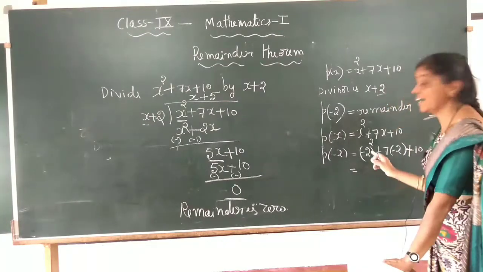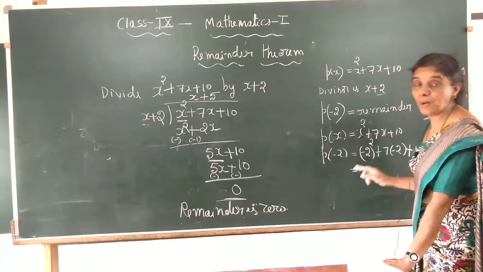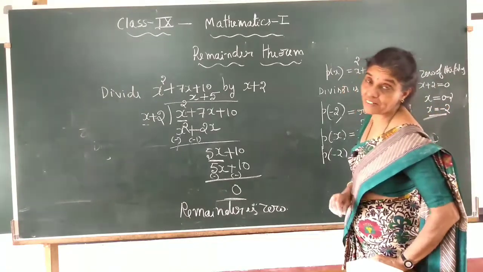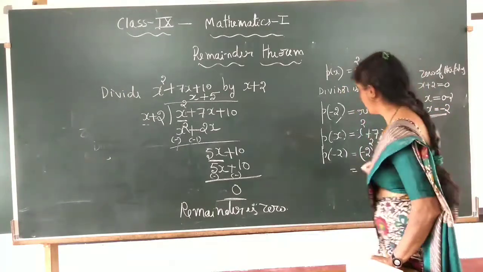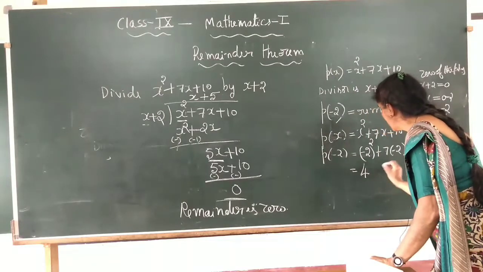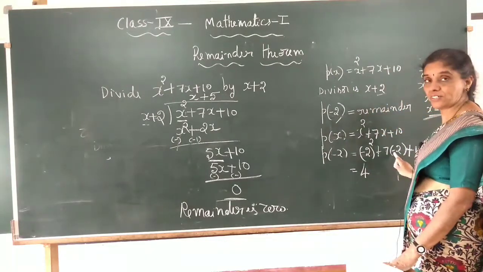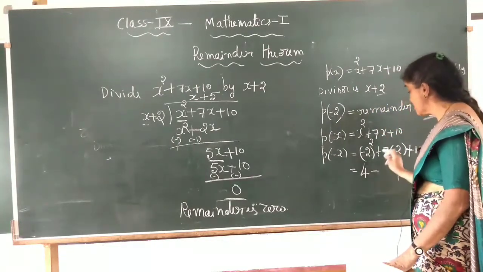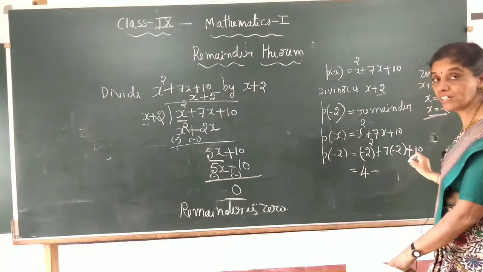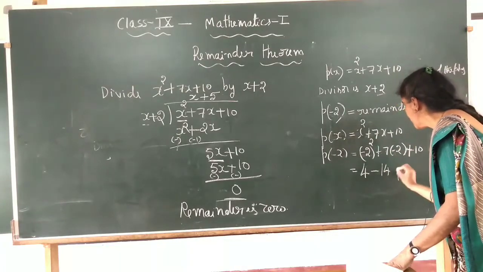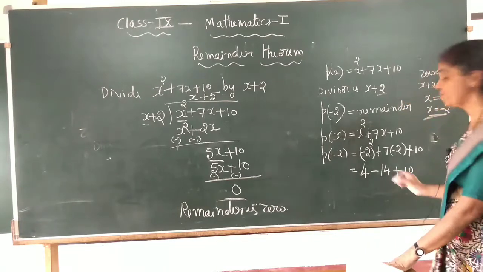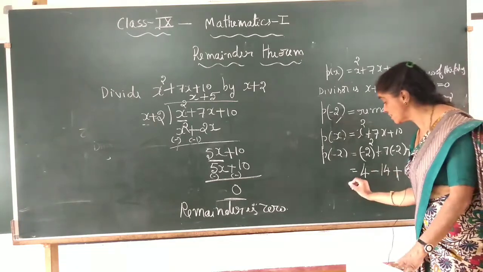Now it is equal to minus 2 into minus 2. Minus into minus is plus, 2 into 2 is 4. Plus into minus is minus, 7 2s are 14, plus 10. Okay, now all positive numbers I will group together.